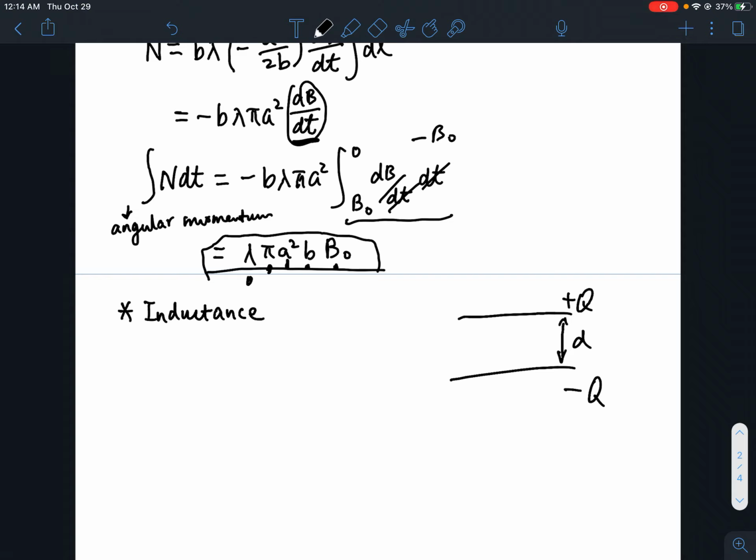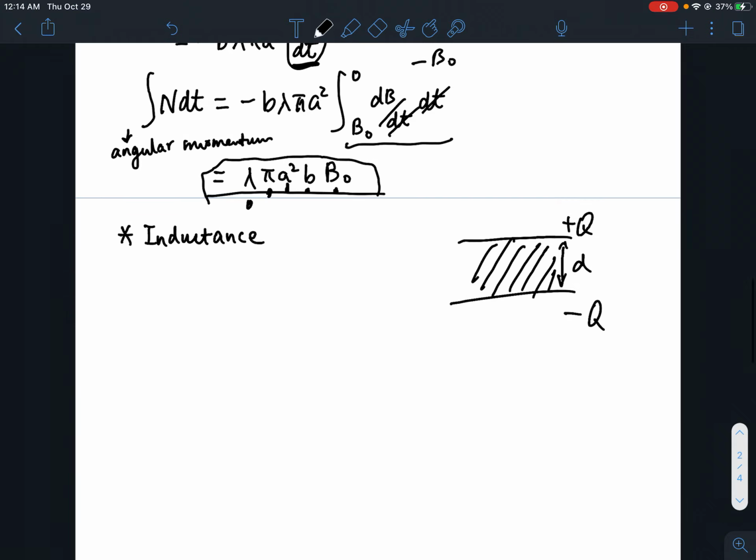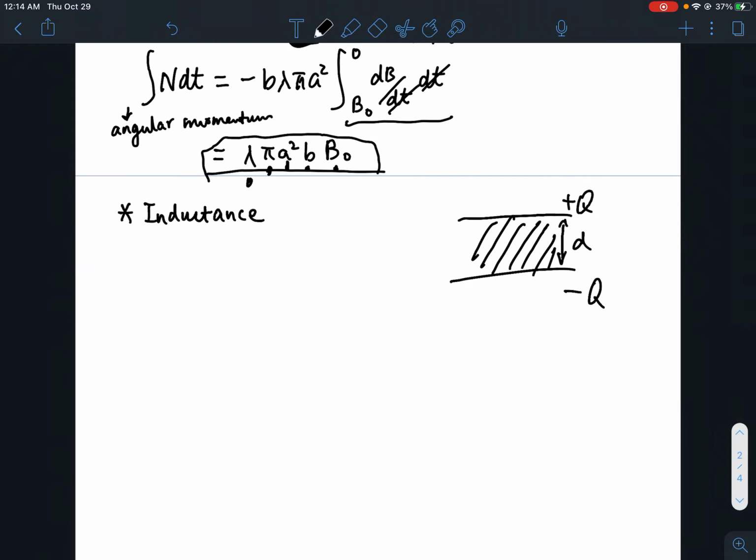We also said that this capacitance is totally a geometrical effect. It depends on the area of the two plates, the distance, and also the material that we often put between the two plates. So that is what we call capacitance.